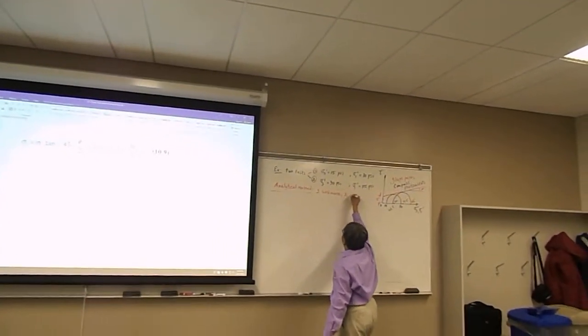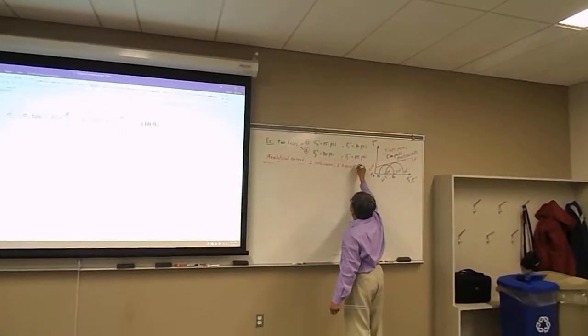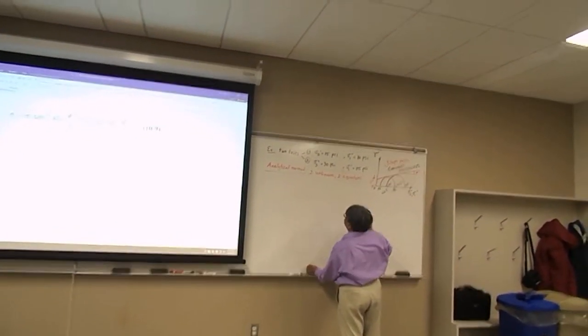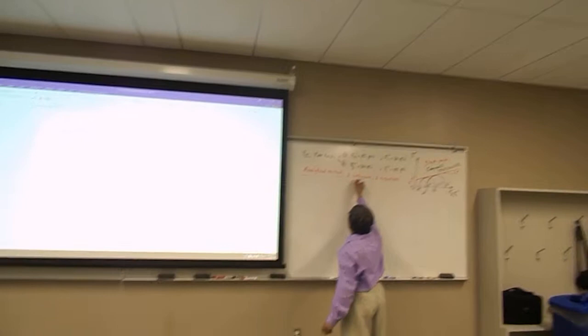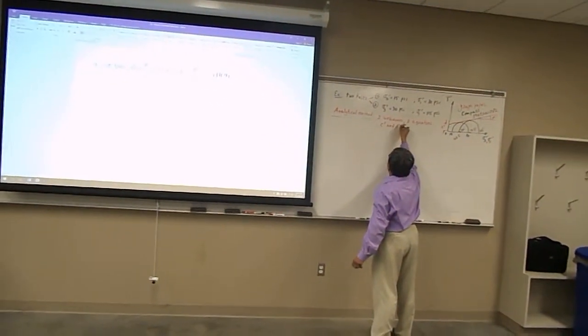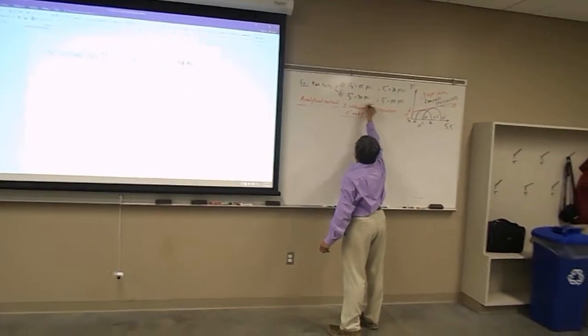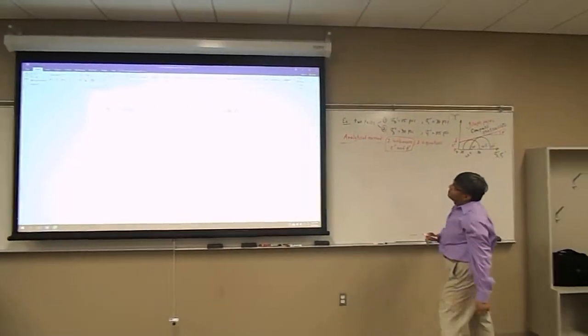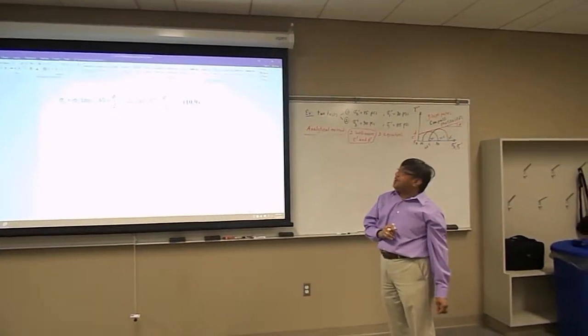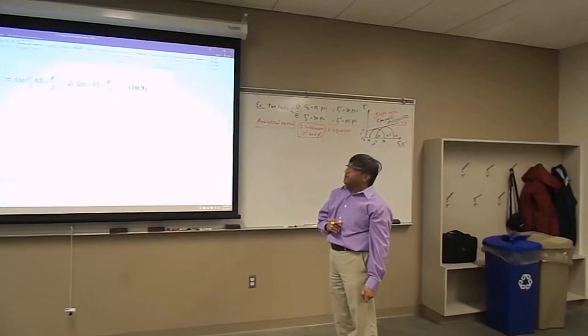two equations, simultaneous equations, we may call. That means we are trying to get C prime and phi prime with the data we have, making use of this equation 2 times.